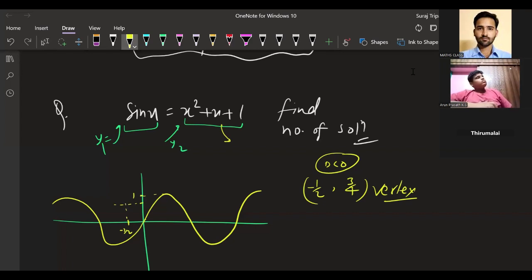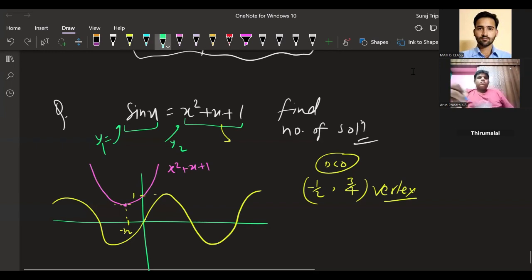This is the vertex, so now we can draw the graph. It will intersect at x equals 1. This is the graph of x square plus x plus 1, and this is the graph of y equals sin x.